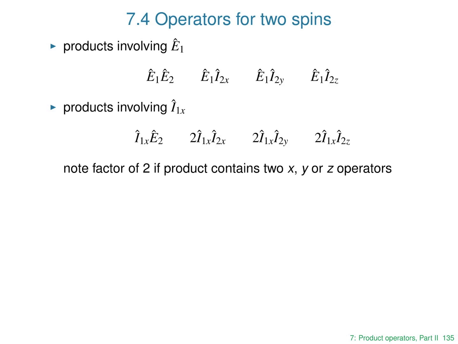So the operator product I1X I2X has to be written as 2 I1X I2X, because it's got two X, Y, or Z operators in it. On the other hand, the operator product I1X E2 doesn't need a factor of 2 because it's only got one such operator in it. And then we just carry on going.